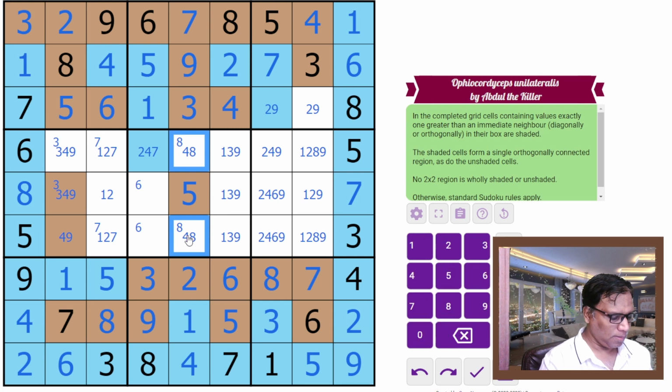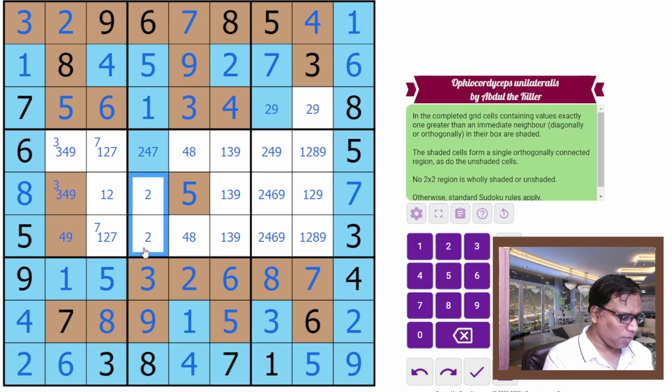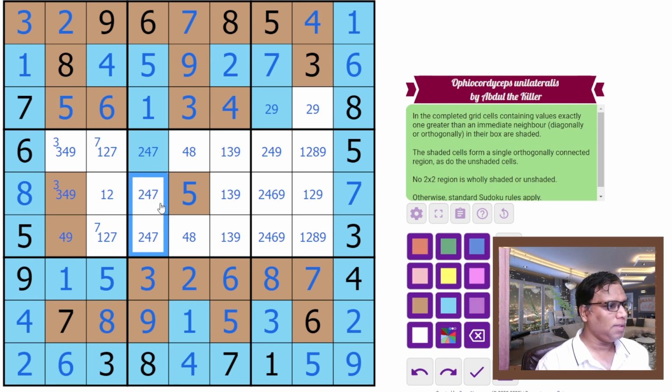4, 8, 4, 8. 1, 3, 9, 4, 8. What are these things? Why am I putting this thing? Oh, this 2, 4, 7. Something is wrong. Yeah, that's 2, 4, 7. What is wrong? Nothing is wrong. That's 2, 4, 7. That's not 7.